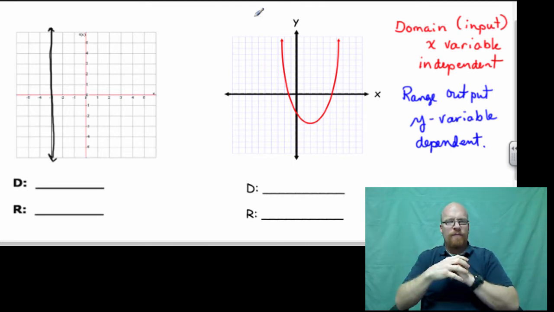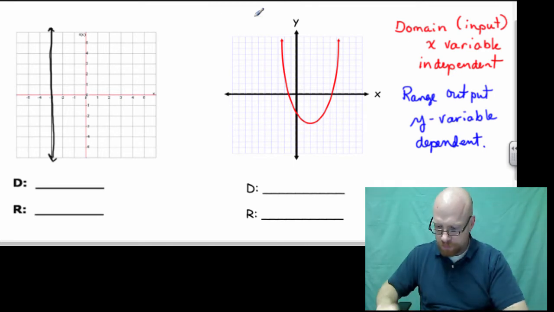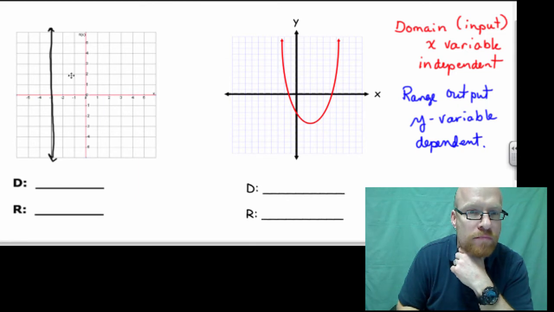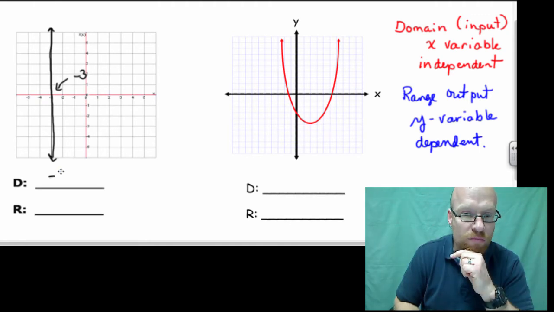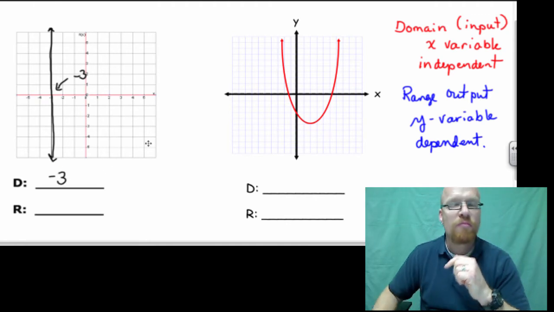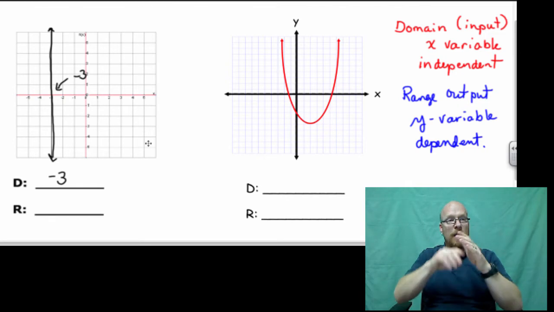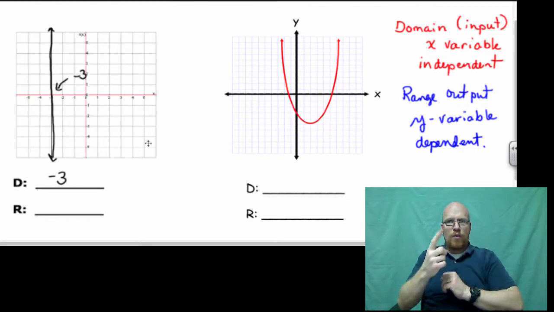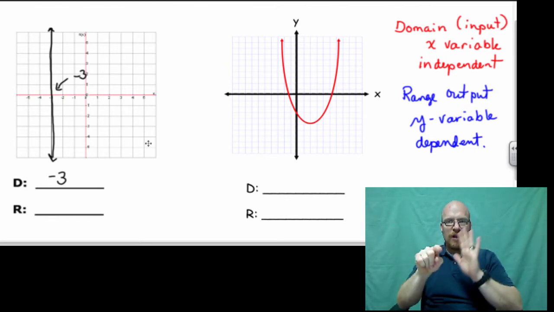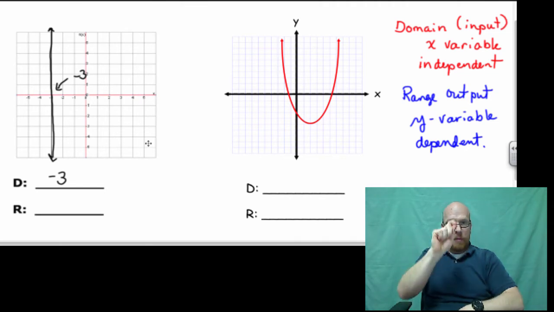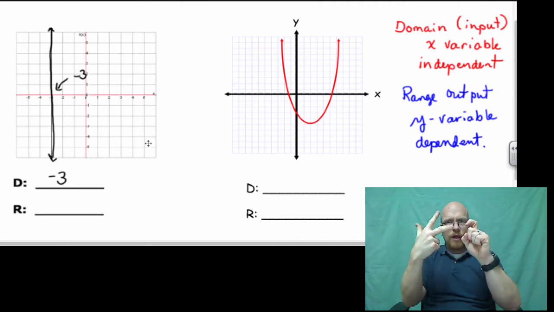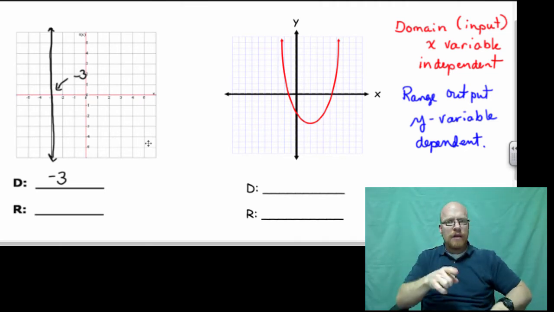Does x equal -2, -1, 0, 1, 2, or 3? Nope, it has only one value for x. X equals -3. If you were to plot the points on this line, you would always have the x value be -3.